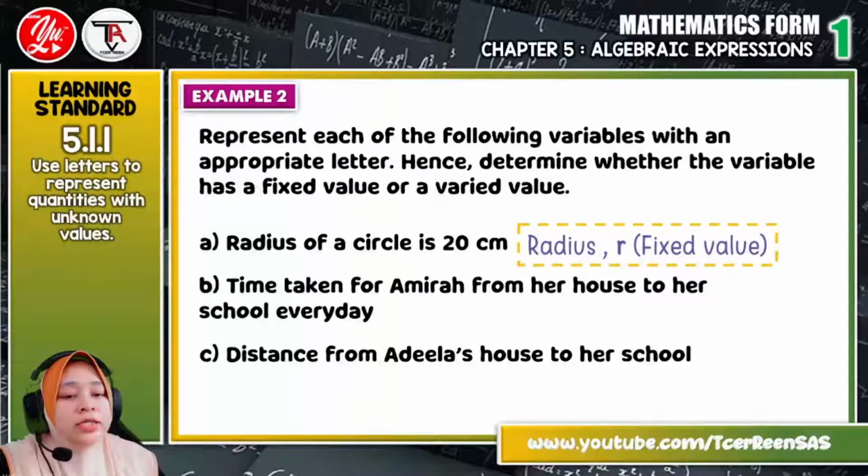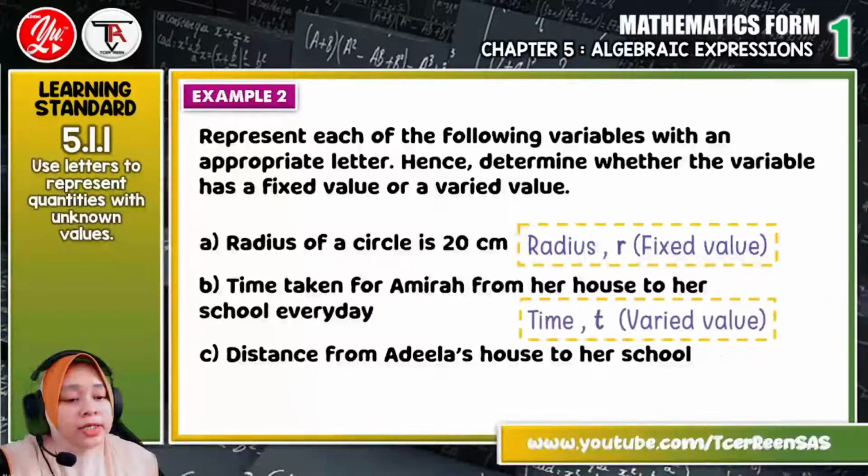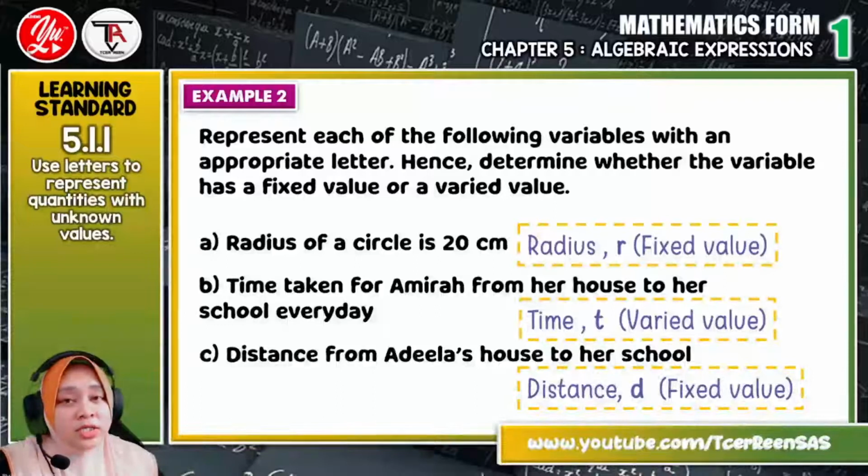The most appropriate letter here is T for time taken, and it is a varied value. And the final question is distance from Adila's house to her school. Distance will never change from any location. So for distance we put D, and it is a fixed value.